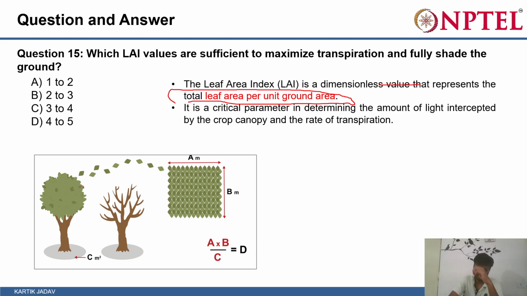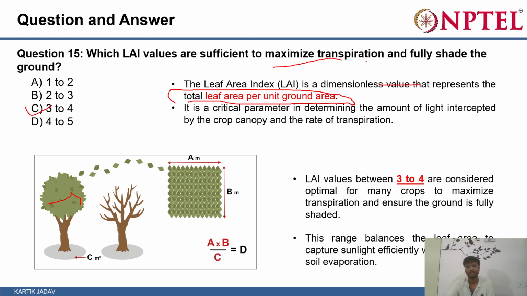Whenever crops are small, they have a lower value of leaf area index, but as they grow, they have a higher one, right? So in case of leaf area index of about 3 to 4, we have maximum transpiration from that crop canopy.